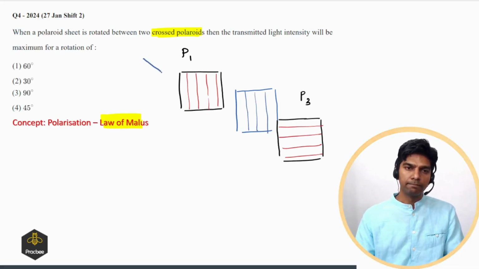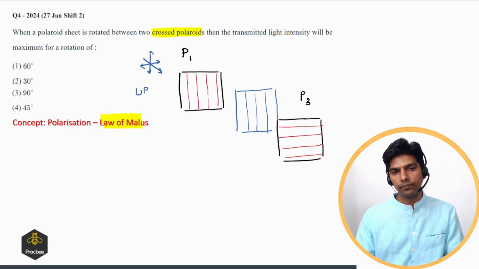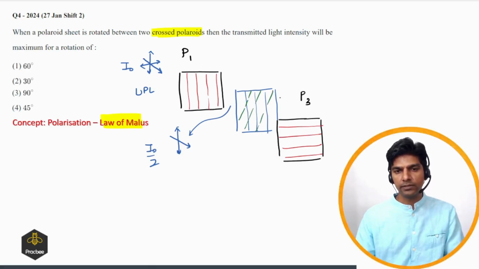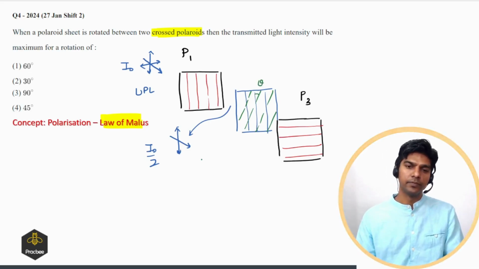Now the incident light, suppose we have unpolarized light which is having an intensity I naught. Now here, after the first Polaroid, the intensity will become I naught by 2, and the light will be plane polarized. Okay. Now if we rotate, let us say now we have rotated the pass axis by an angle theta.